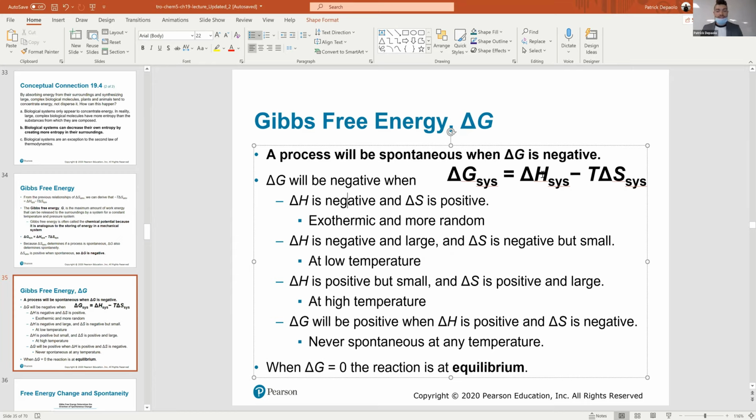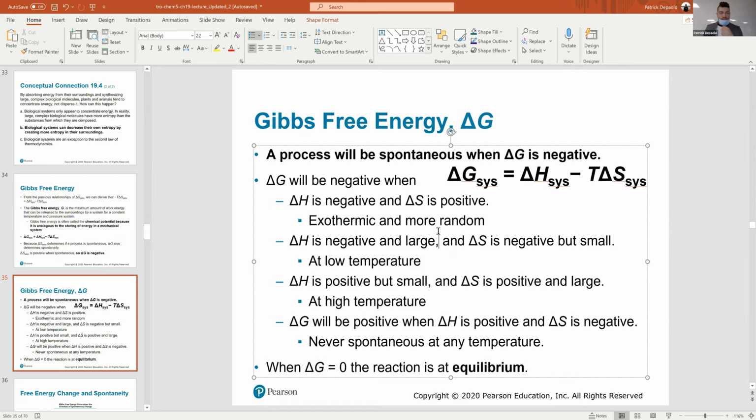And delta S is negative, but small. Let's say water freezing into ice at low temperatures. It's a low temperature, so we're minimizing this value, and this value is large and negative. That's the way that delta G could be negative in that case.